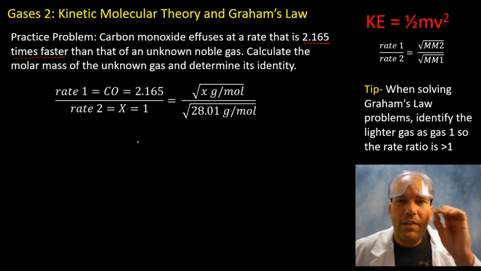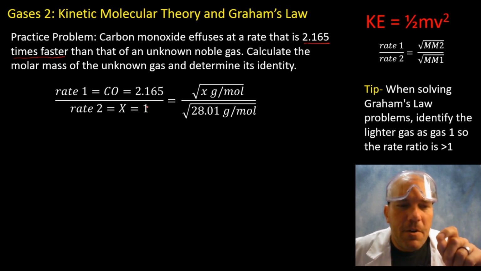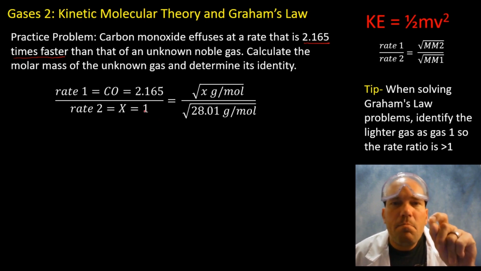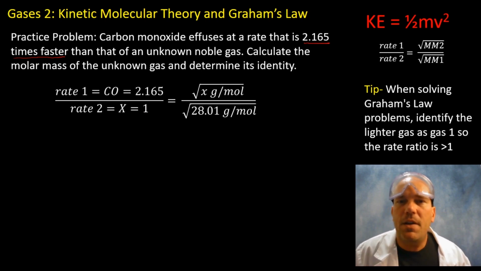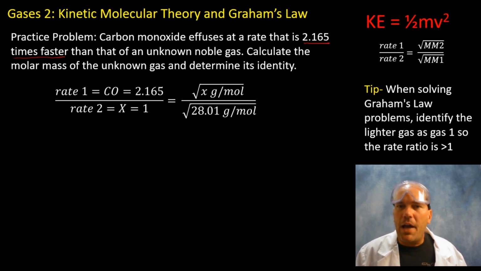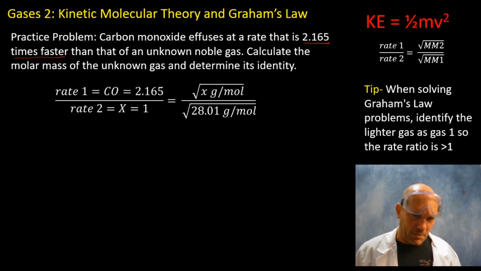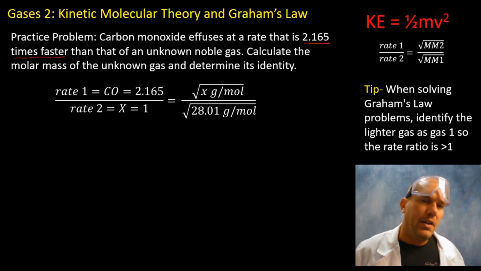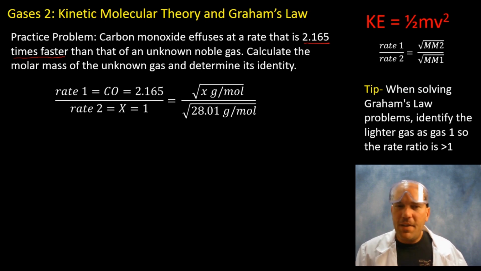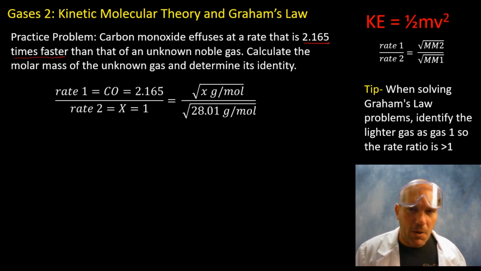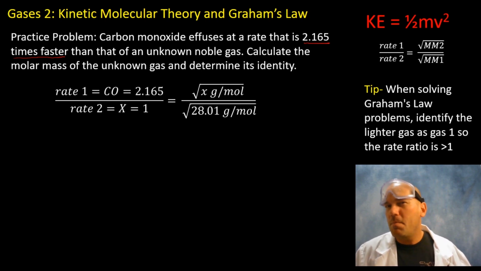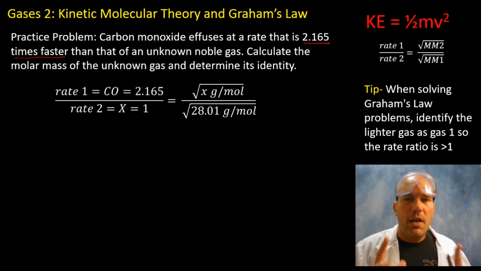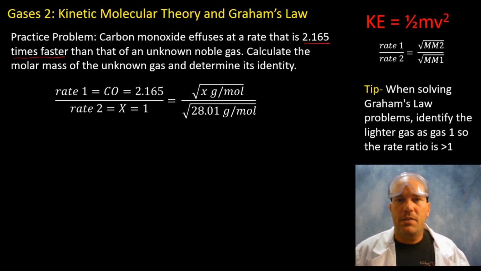So one way to conceptualize this is, for every one particle of the unknown gas that effuses, 2.165 get through. The lighter one is 2.165 times faster. Again, for every one of the heavier unknown gaseous particles that effuses, over 2 of the carbon monoxide effuse. That's a really good way to think of this.